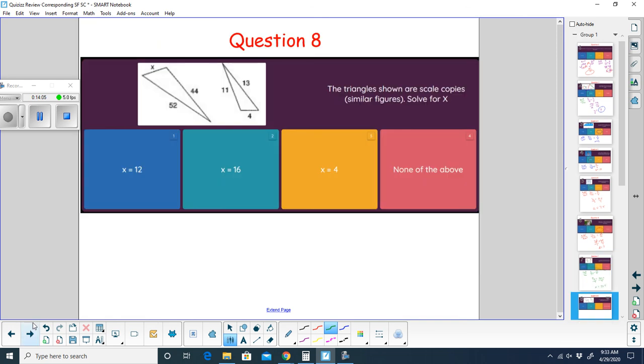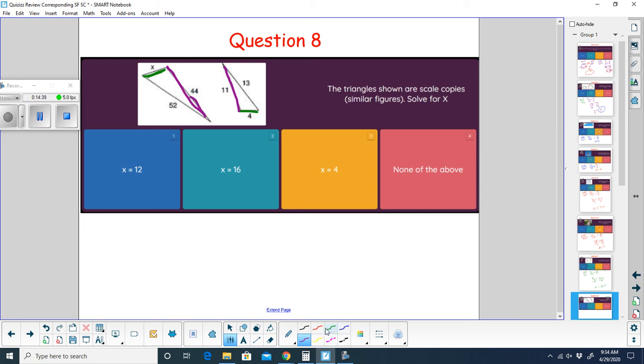Question 8. The triangles shown are scale copies, similar figures. Solve for x. If you take a look, this side here, the red side, 4 goes with x. The side that is purple here, 11, goes with 44.